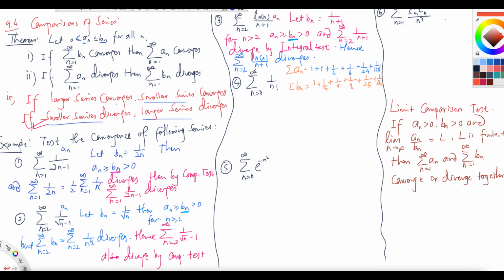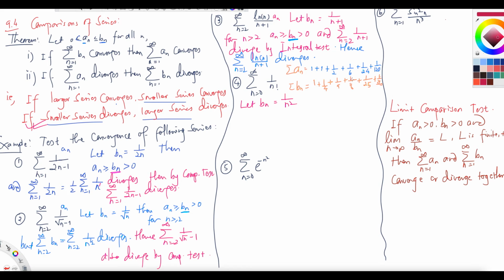Okay, so what will be the other terms after that? It will be 1/7 factorial, which is 5040, and for bn, 1/7 squared will be 1/49, and so on. You see that? So here you can say, let bn equal 1/n squared.